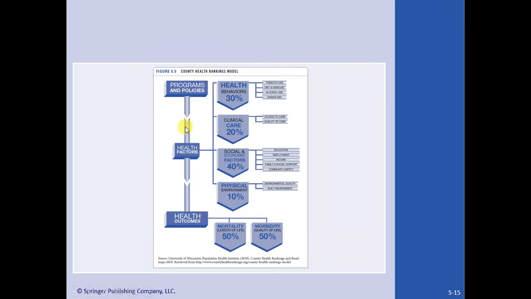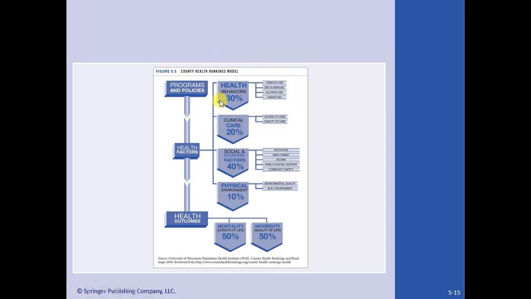This is another study. I just think this is so interesting. When you're addressing the health of a population, if you only focus on what happens in the hospitals and the doctor's offices, you're missing the biggest piece of this. In this ranking, social and economic factors like education and employment and income had the largest influence on morbidity and mortality. Think about that.